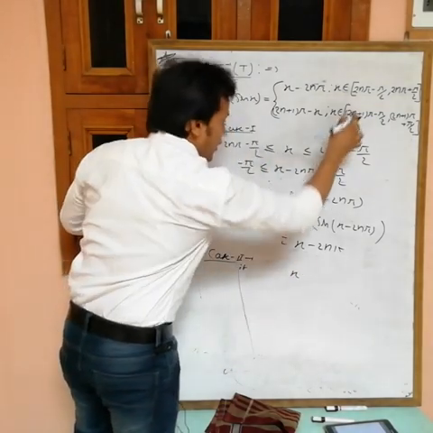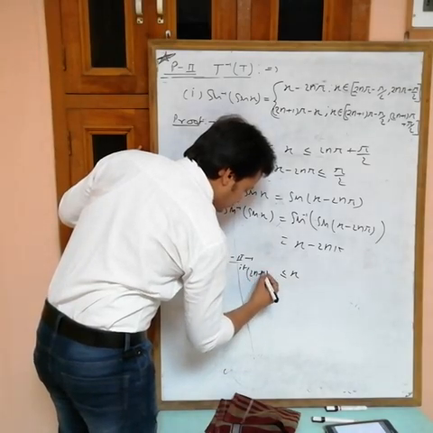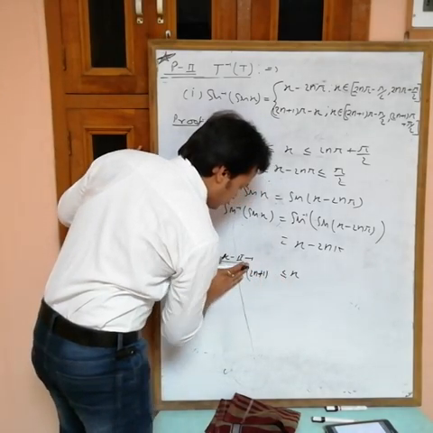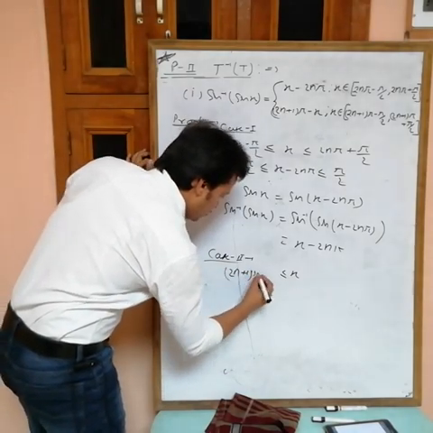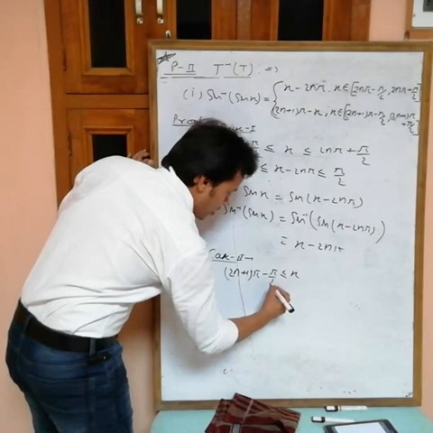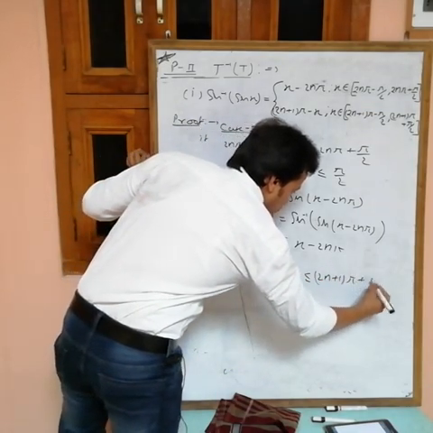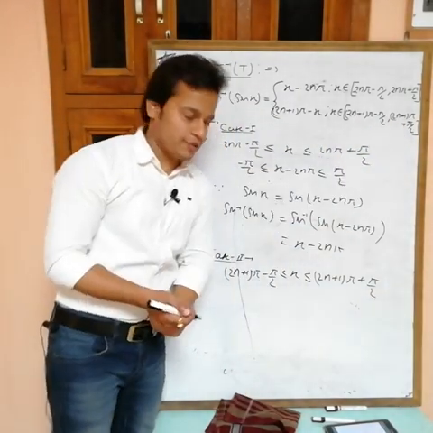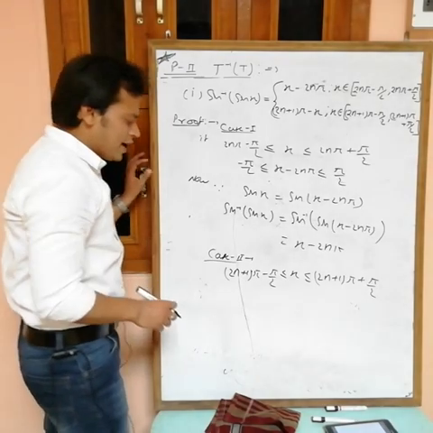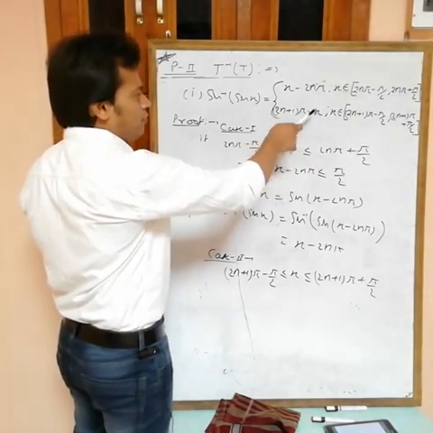If x is from (2n plus 1) pi minus pi by 2 to (2n plus 1) pi plus pi by 2, if x lies in this range, now here what is the value? (2n plus 1) pi minus x.